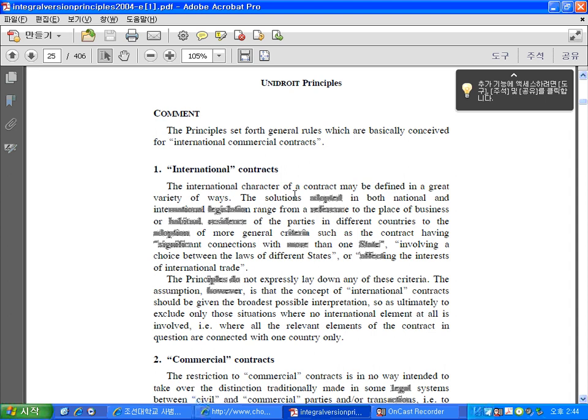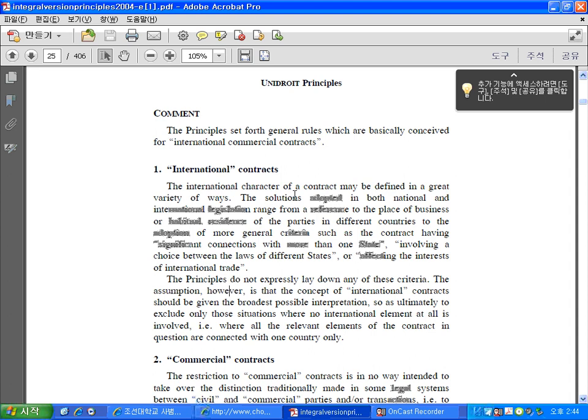The provisions would not be extensive, but never reduced in comparison with other international codes or agreements.